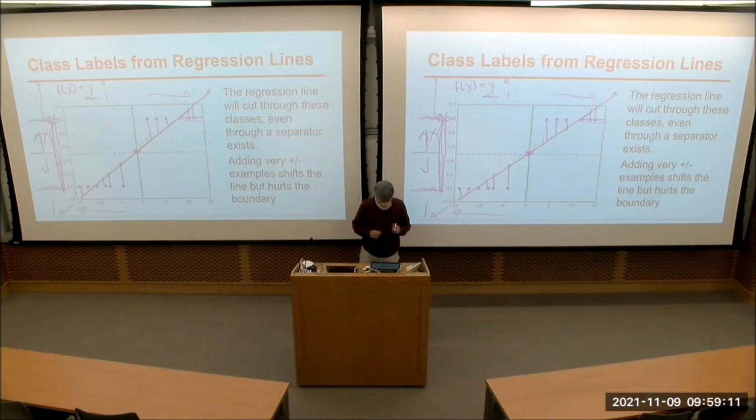The other issue is more subtle, but kind of important. What happens if I have a point, let's say for x equals 30, which is way out here? It's a positive example out at x equals 30, a very, very positive example.